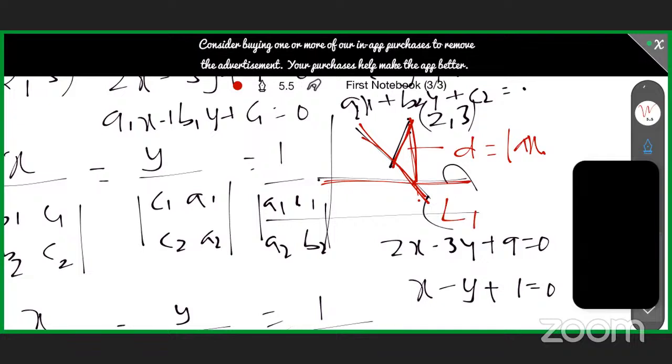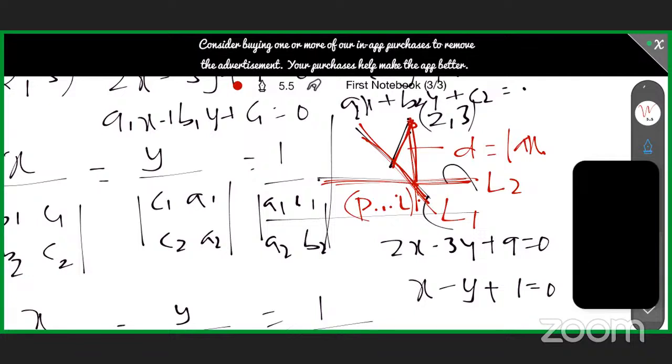L1 and L2 are meeting. That means I am finding the distance of 2, 3 with reference to both the lines, L1 and L2. That is, I am getting this point of intersection. This point of intersection will help me find the distance between the given point and the particular line with reference to another line.